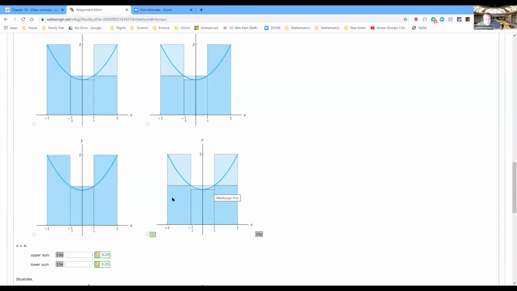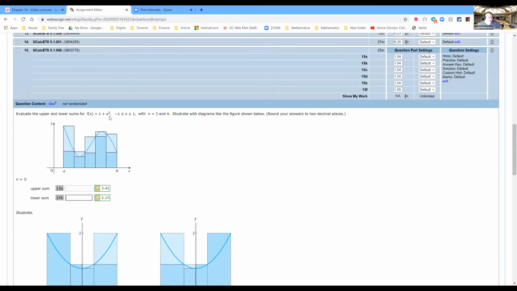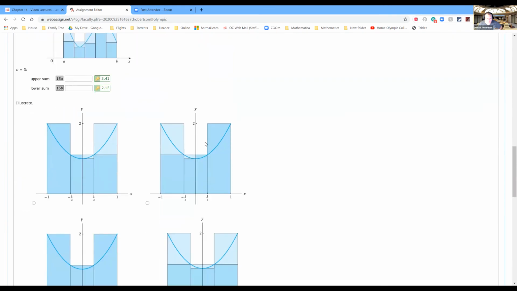The ones I'm going to call the dark blue. Do you recognize that the dark blue ones here are using these rectangles? Yeah. And that the light blue are using taller rectangles. Right. Great. So let's figure out what they're getting at when they talk about an upper sum and a lower sum based on this particular function.